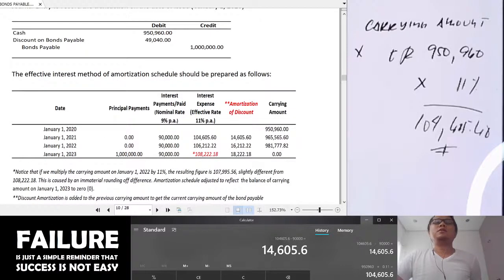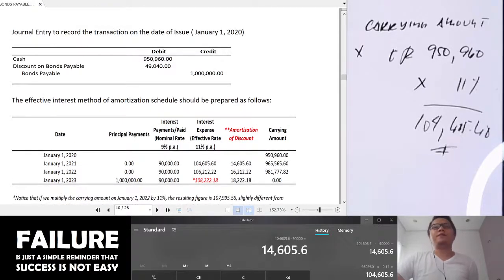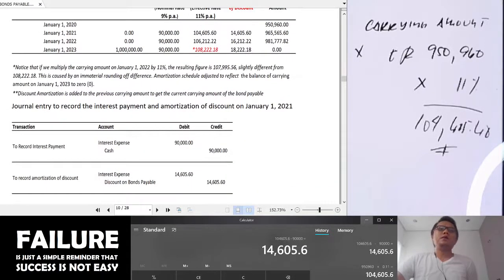So, ngayon, pag nagawa na natin ito, magiging madali na lang sa atin yung recording. Okay? Kasi yun nga, let's say on January 1, 2021, the first date of interest payment, we are to debit interest expense at 90, credit cash for the interest paid.